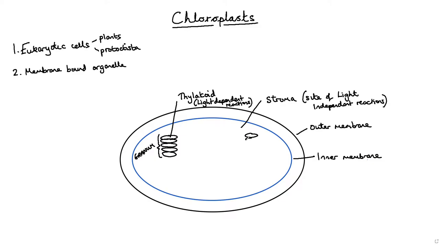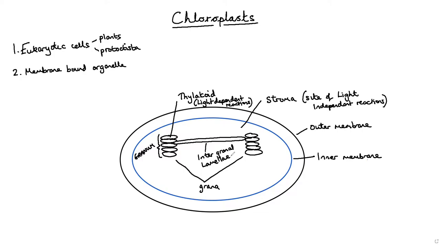So I'm just going to draw another granum here. If we were referring to two of these, then we would say the plural word, which is grana. And these two stacks here are connected by intergranal lamellae.